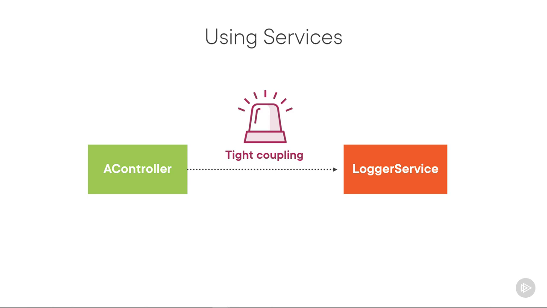However, this creates a tight link between a controller and the Logger Service. Now, I don't know about you, but when I hear that tight coupling is created, I start getting a bit nervous. Secondly, another problem is that a controller now has the responsibility to instantiate the Logger Service.